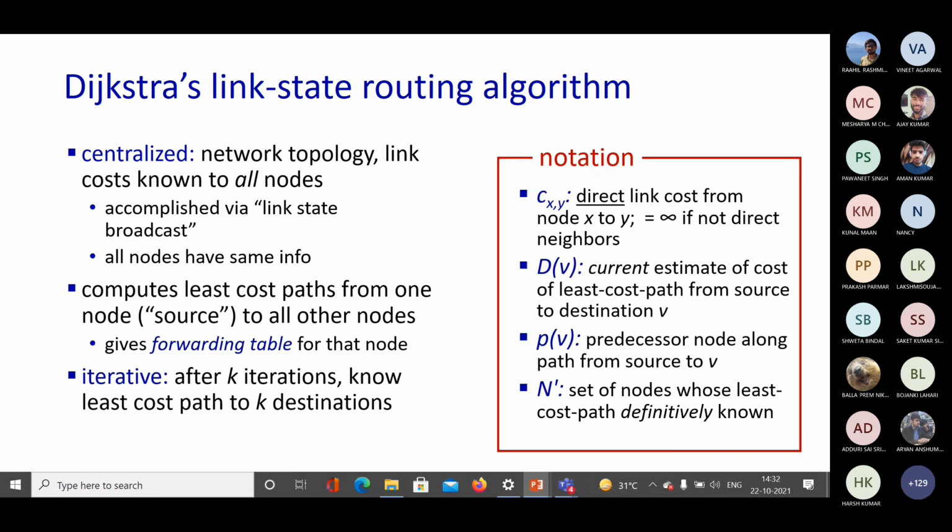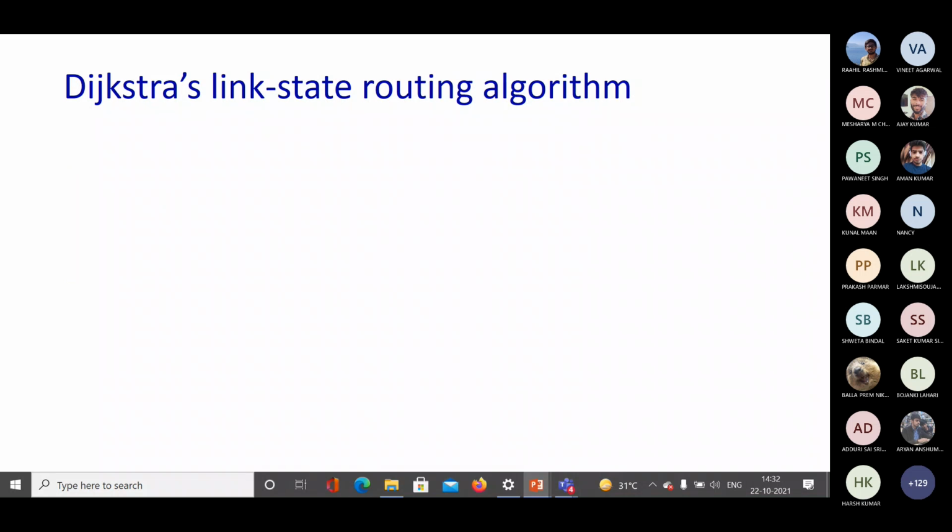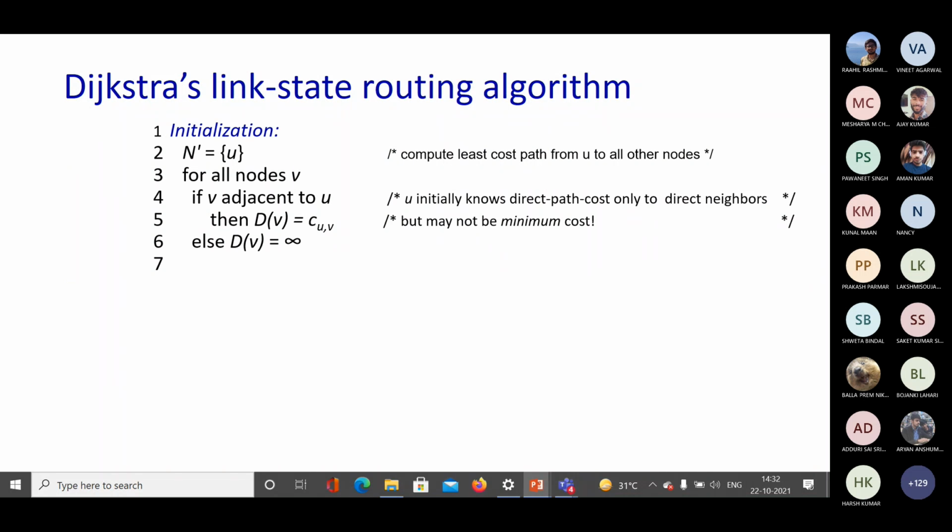And P(v) is the predecessor node along the path from source to v, and N' is the set of nodes whose least cost path is definitely known. So this is what the algorithm basically looks like.